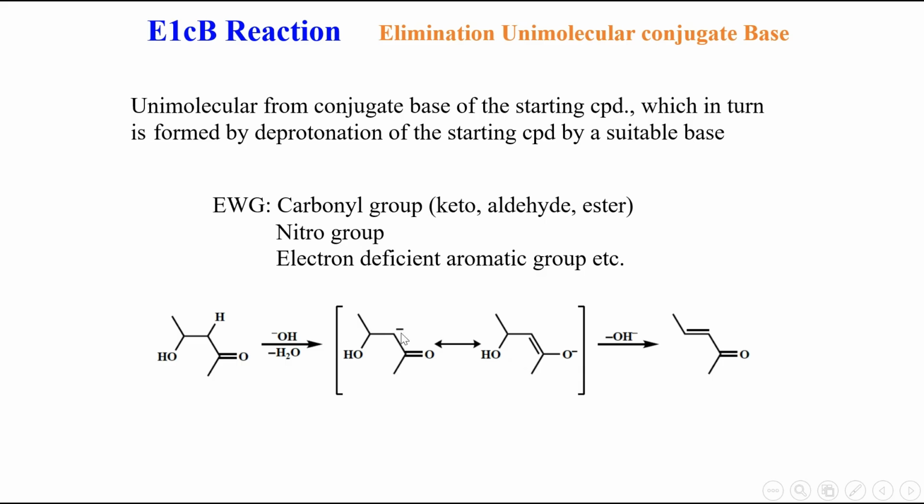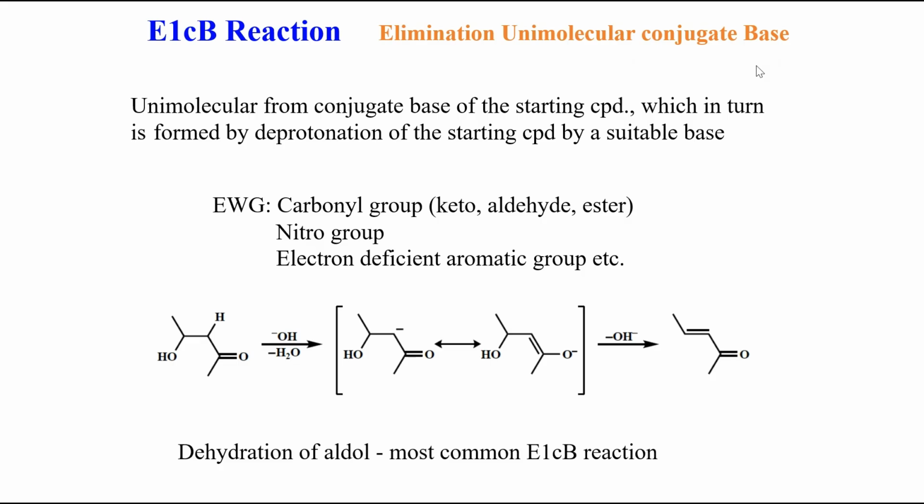This conjugate base donates its electrons to the adjacent carbon and OH gets kicked off. This is the E1CB reaction and this is the E1CB mechanism. As the conjugate base is formed as an intermediate, it is called elimination unimolecular conjugate base.